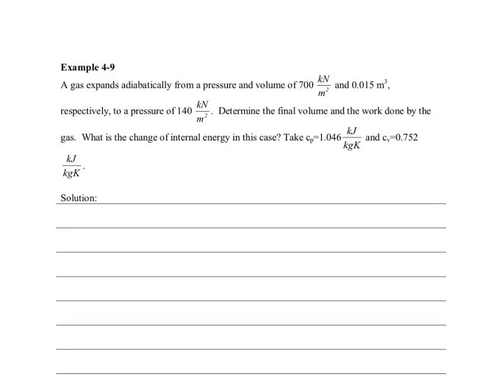In example 4-9, we are required to look at how the gas expands adiabatically from a pressure of 700 kilonewtons per meter squared and a volume of 0.015 cubic meters to a final pressure of 140 kilonewtons per meter squared.